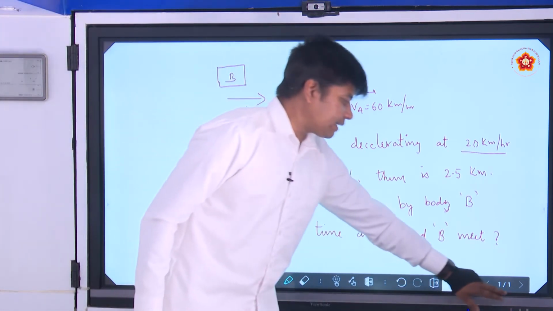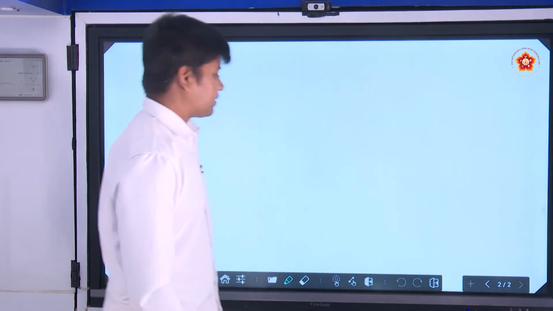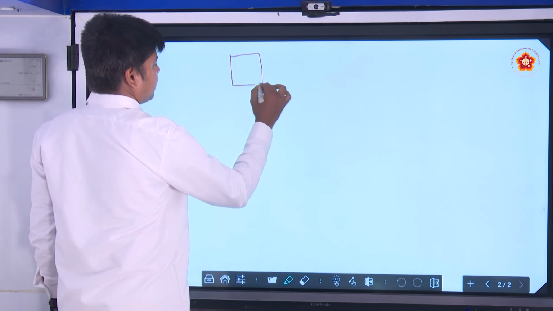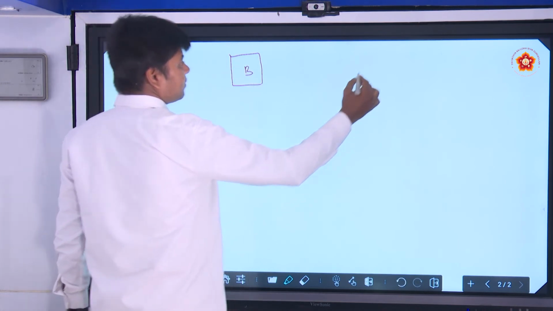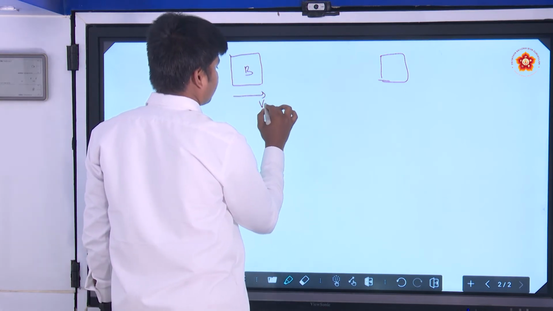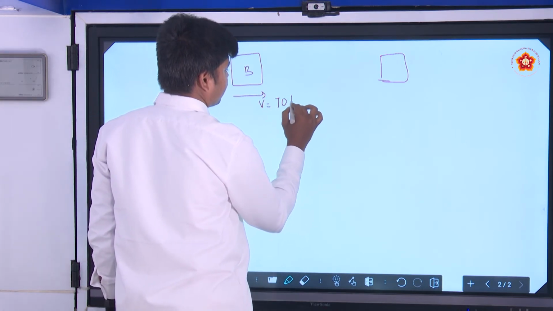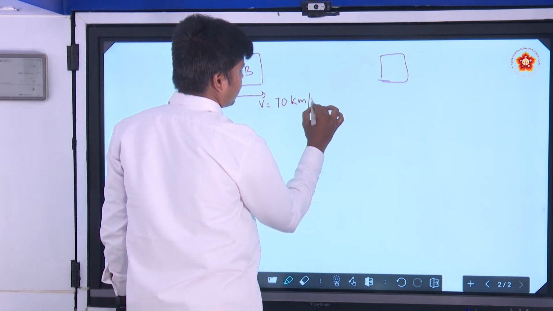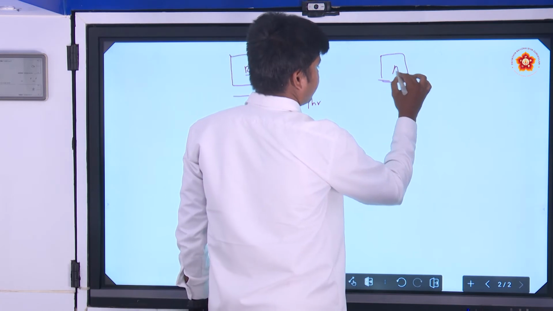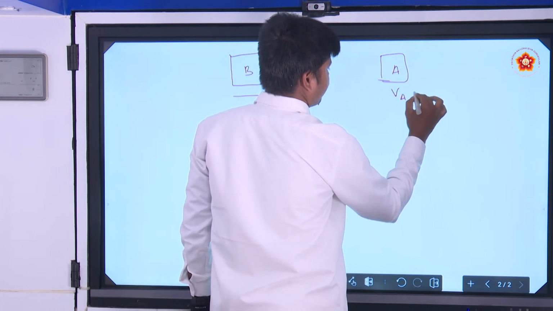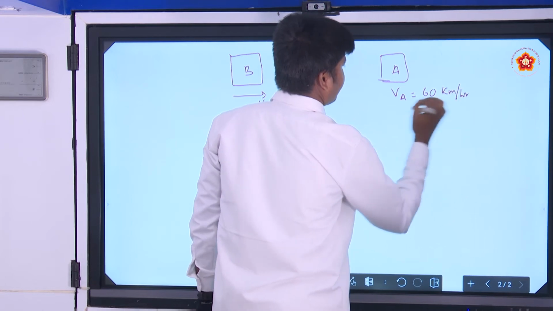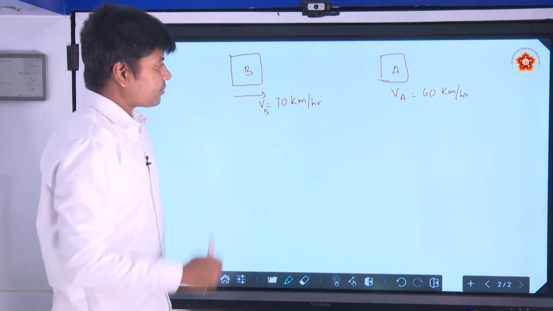So, let us draw the diagram first again. See what is given. This is B, this is A. B is moving with velocity 70 kilometers per hour, A is moving at 60 kilometers per hour. Alright.